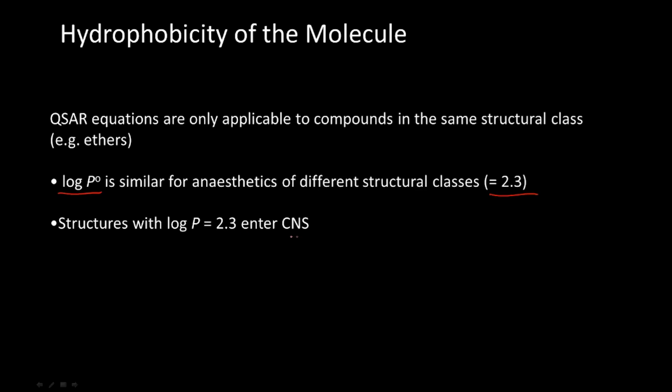So for many classes of anesthetic drugs, even though you may have different types of graphs, approximately the log P comes out to be approximately 2.3. This is a very important point you need to keep in mind. It's very useful to keep in mind.